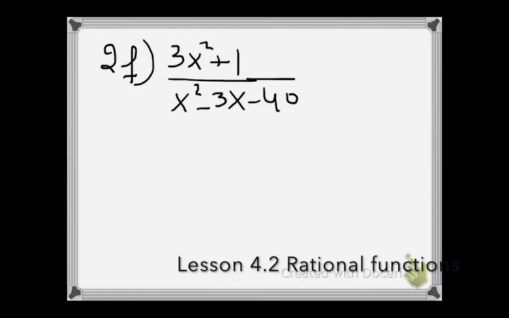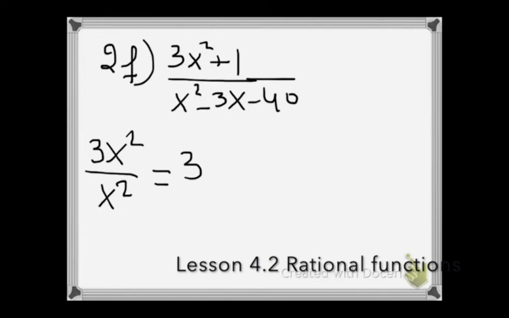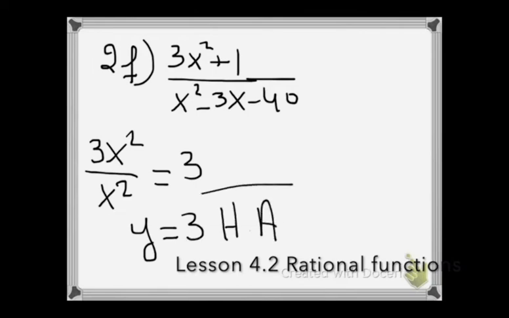For the horizontal asymptote, I take how the numerator starts, 3x squared, and divide it by the start of the denominator, which is x squared. Is this ratio divisible? Yes, and I can simplify it to 3. So my horizontal asymptote is y equals 3.